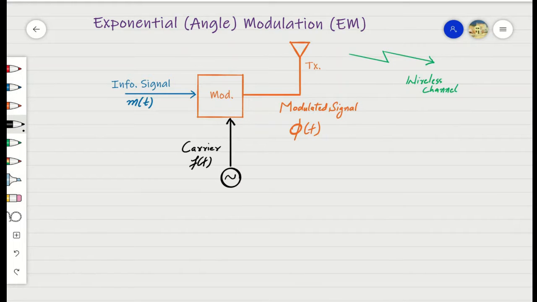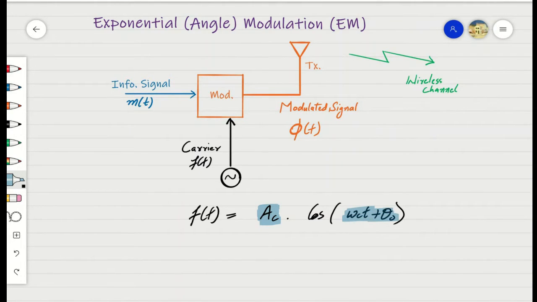So if we write the expression of the carrier signal f(t), it is a pure sinusoid which has a peak amplitude, for example A_c, times cos(omega_c t plus theta naught). In this signal, A_c represents the peak amplitude of the carrier signal, while omega_c t plus theta naught represents its instantaneous phase.